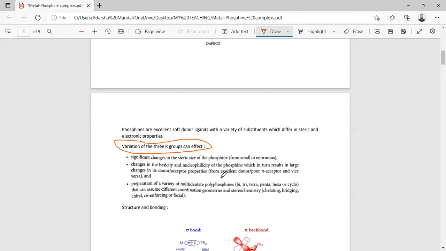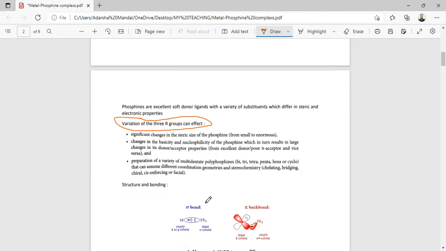That will affect the donor acceptor abilities of this PR3 group, and allows preparation of a variety of multidentate phosphines that can assume different coordination geometry and stereochemistry.